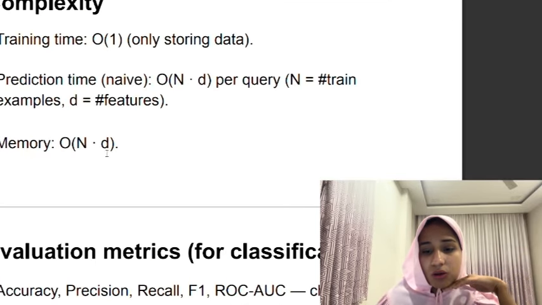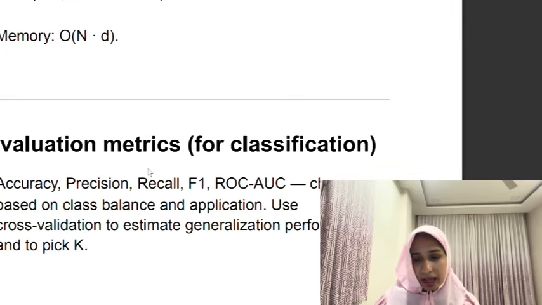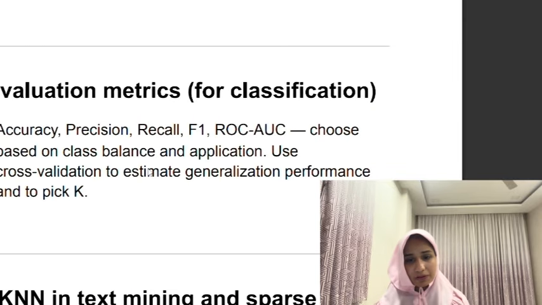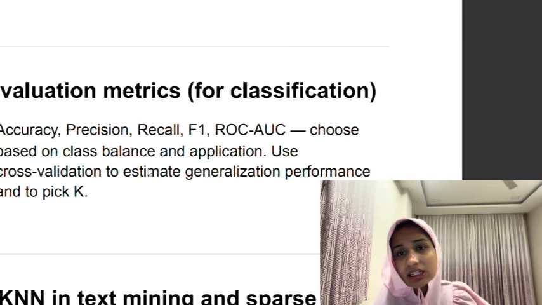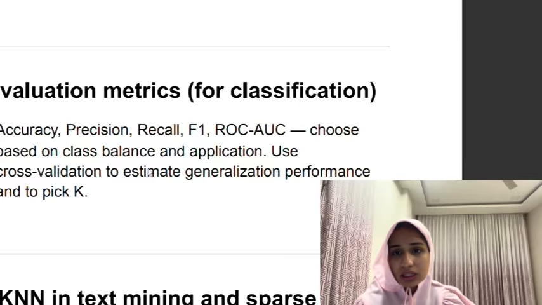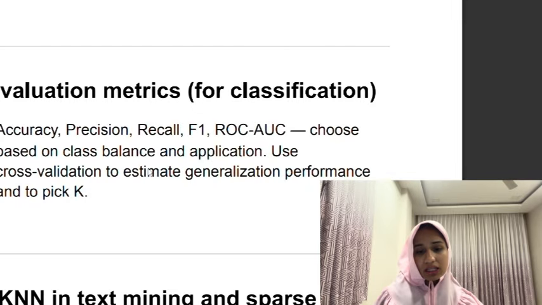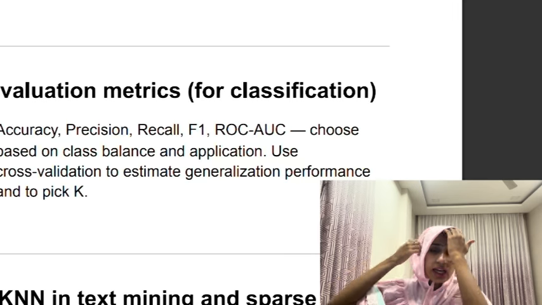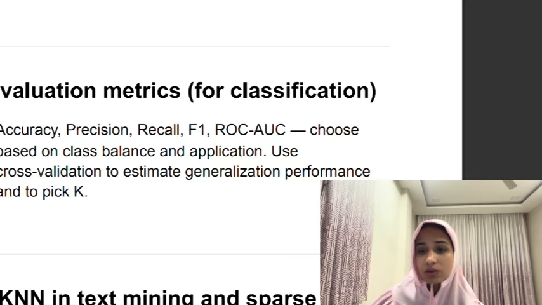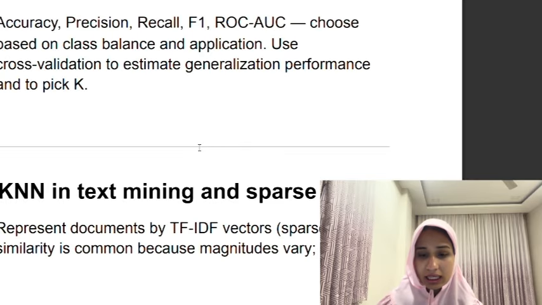And memory is O of n times d. Evaluation metrics for classification: accuracy, precision, recall, F1, ROC AUC. Choose based on class balance. We have seen we use the confusion matrix to calculate accuracy, precision, recall, and F1 score. So use cross validation to estimate generalization performance and to pick K.